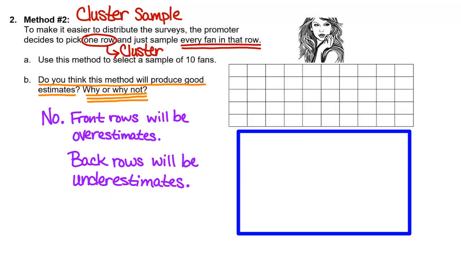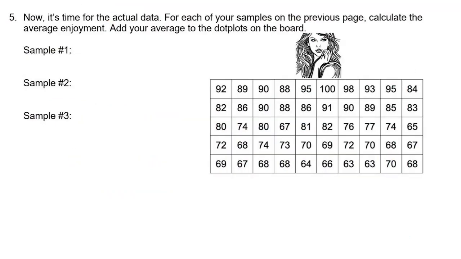Once you have your first average, using your simple random sample, so the first sample that you collected, then I want you to go to the back. Farthest to the left, it says SRS, method number 1. You're going to put your dot on there.